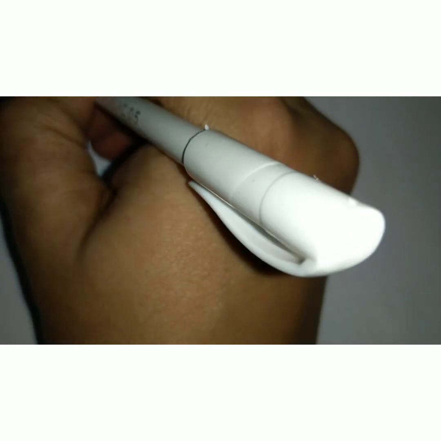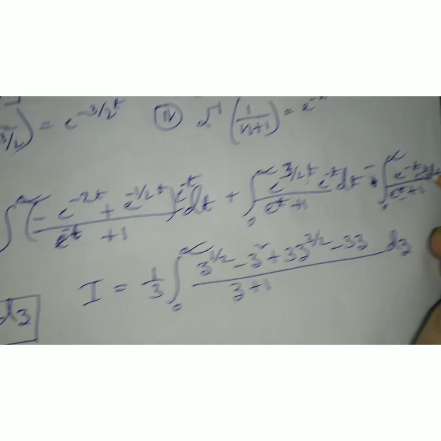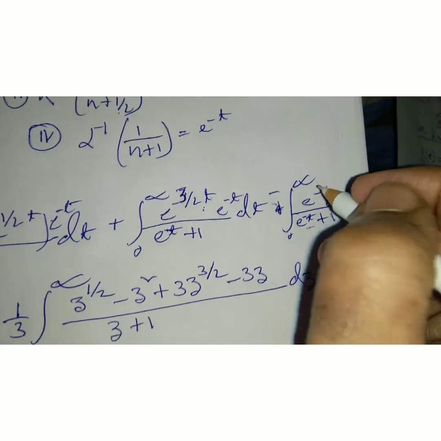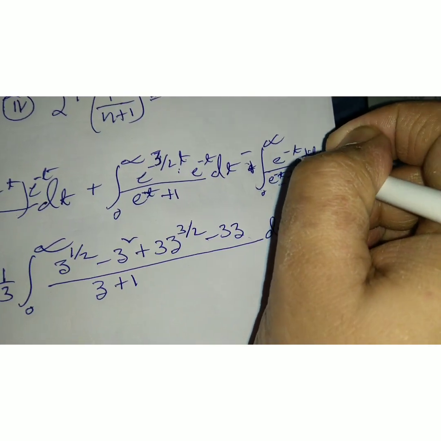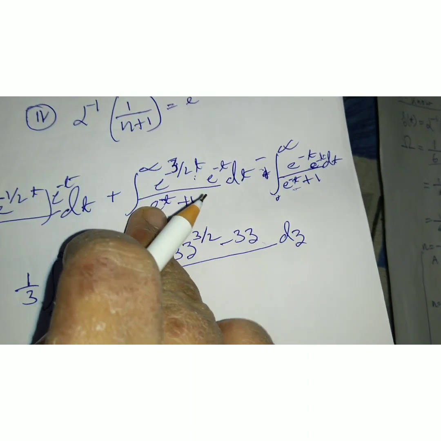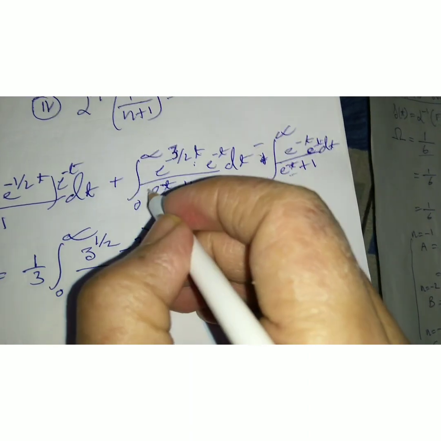I is equal to, you can write this way, e to the power minus t into e to the power minus t. Just e to the power minus t will change. I write e to the power t converted into e to the power minus t.